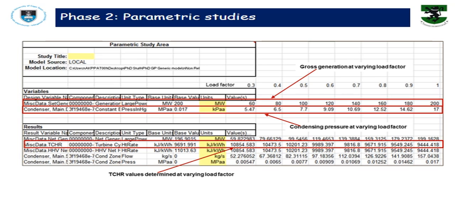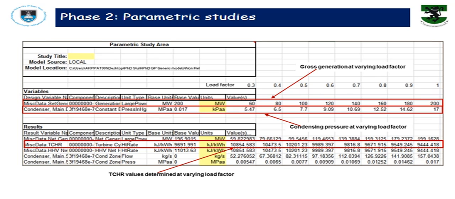If you look at what's on your screen, for instance, the variables that are here, first of all, the gross generation, which is representing the load factors. So you can see from the generation of 60 megawatts up to generation of 200 megawatts. Of course, we understand that as generation decreases, so does the condenser back pressure decrease. So we had to take care of that by using one of the models that was published by us some time ago.